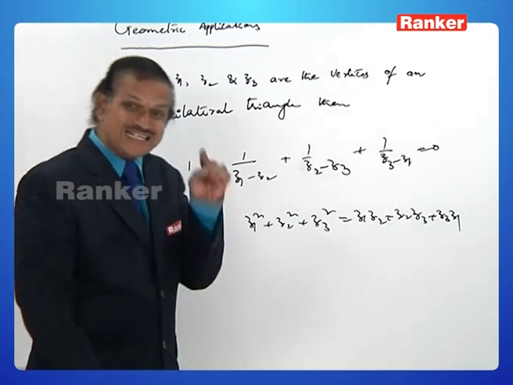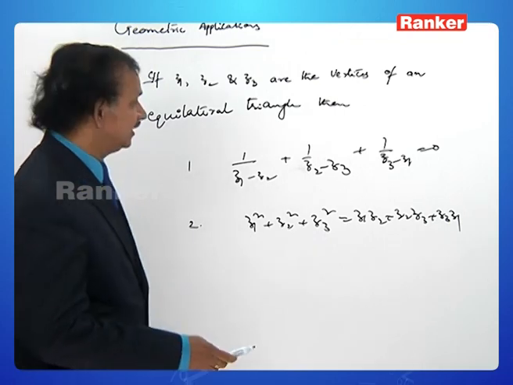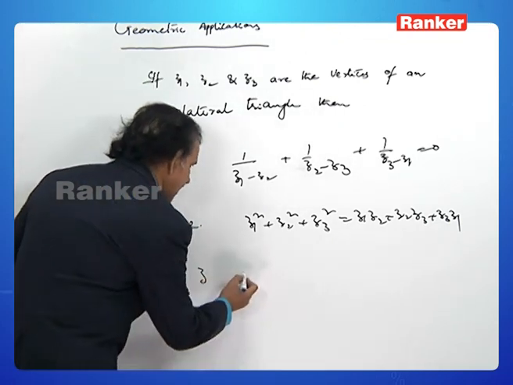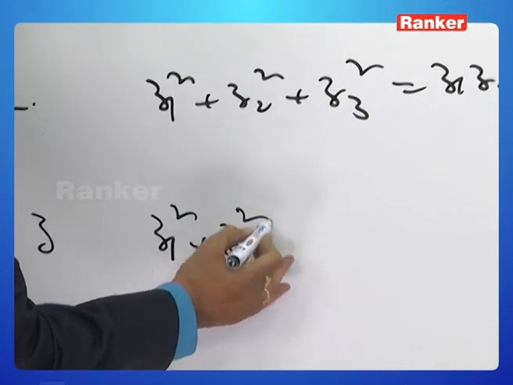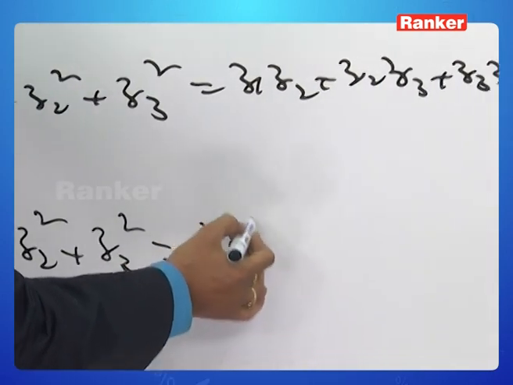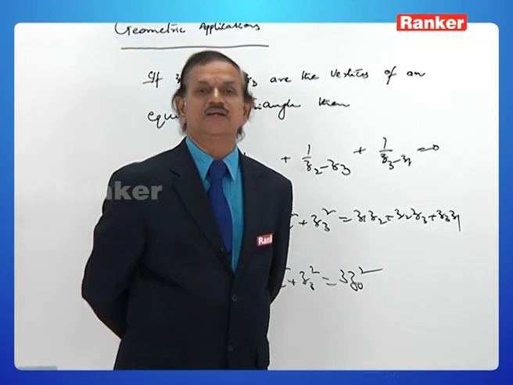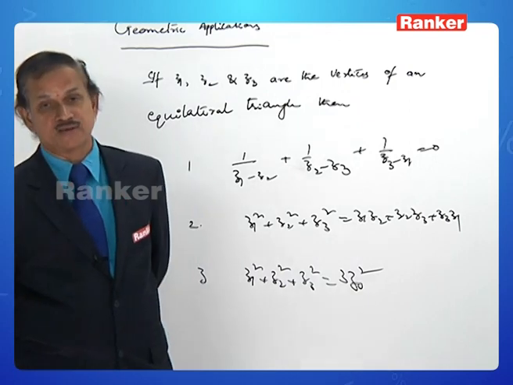If that is z0, then we shall have z1² + z2² + z3² = 3z0². Beautiful result in the case of an equilateral triangle.